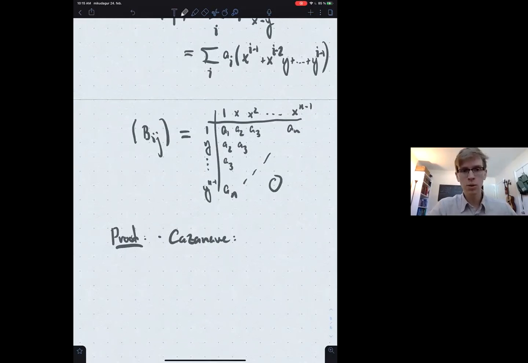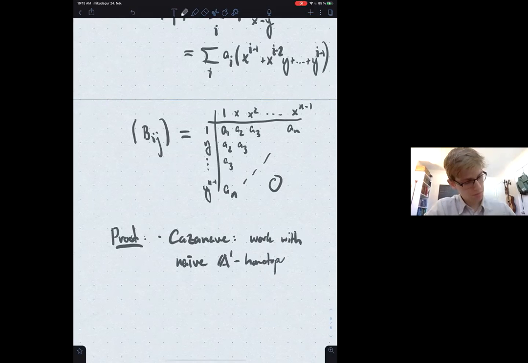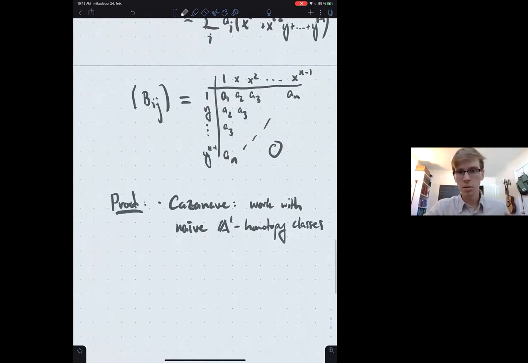So essentially, rather than working with A1 homotopy classes of maps, he starts by working with naive A1 homotopy classes of maps. And he puts a monoid structure on these endomorphisms of P1 with respect to these naive homotopy classes.